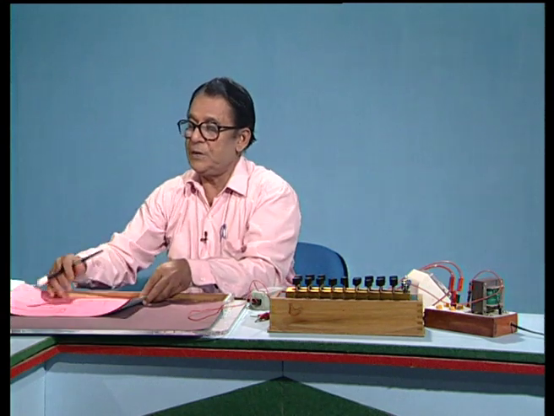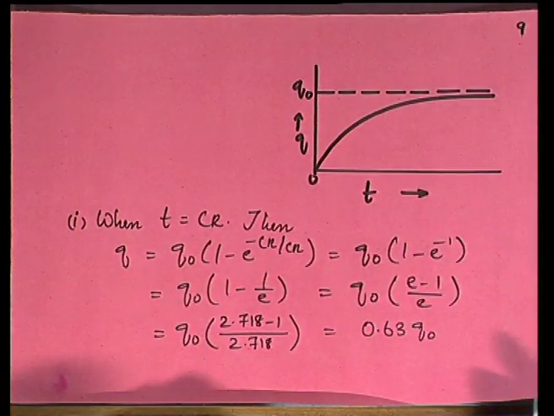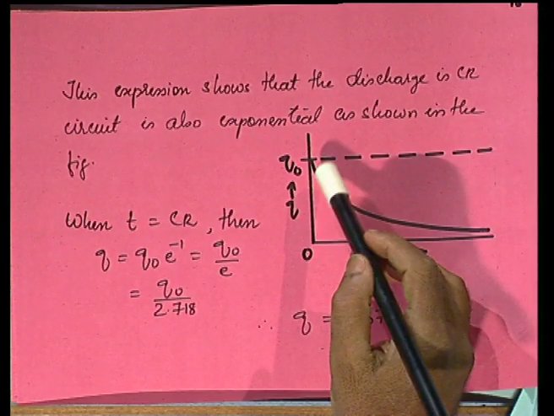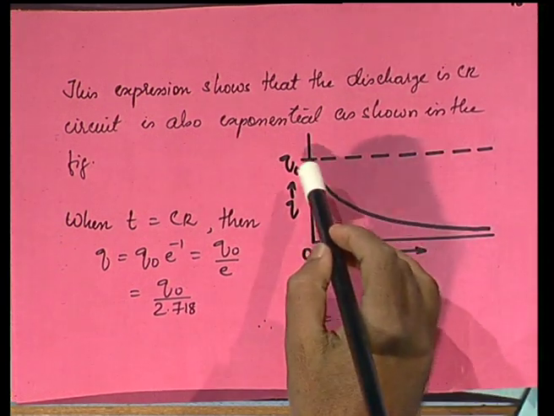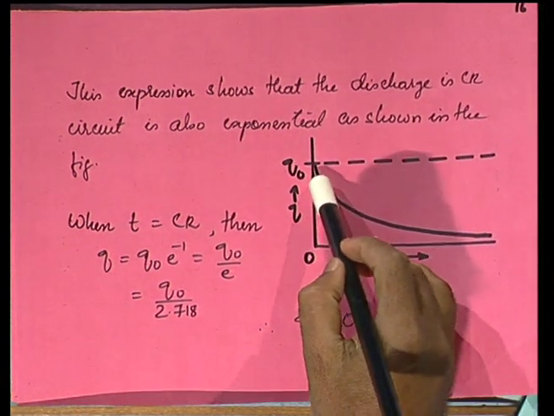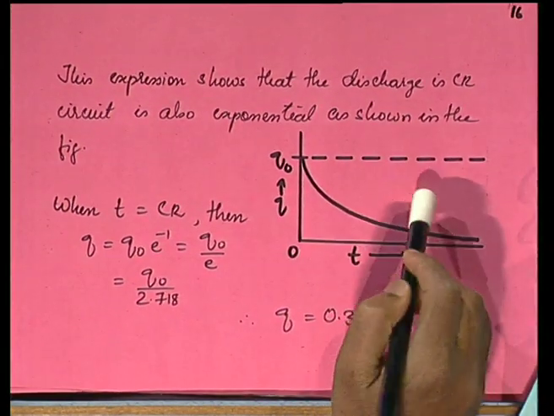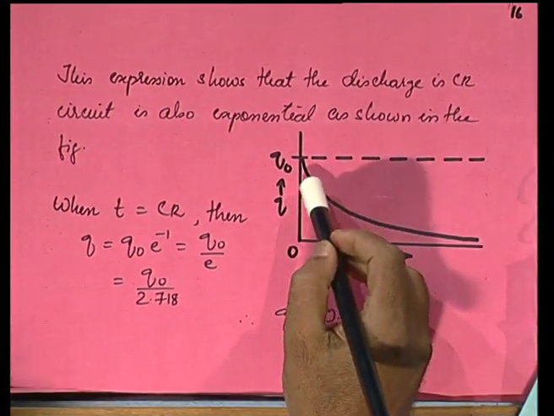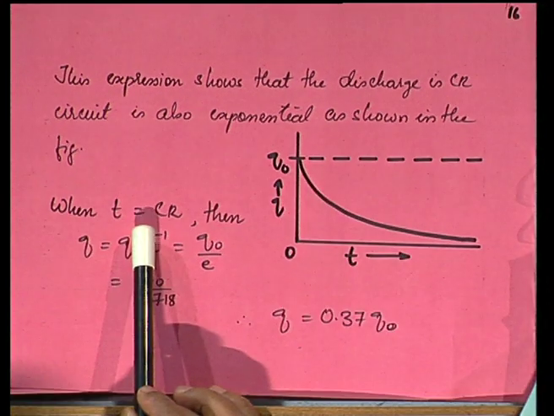There is a growth of the current, then we have the decrease of the current, which is the decay. As the time increases, there is a decrease in the current value, and this graph gives you the decay current in the LR circuit.